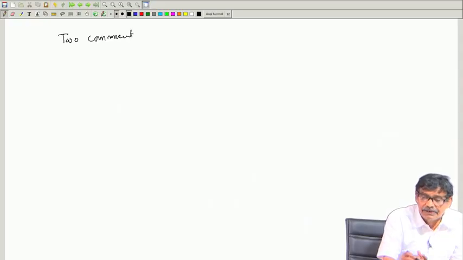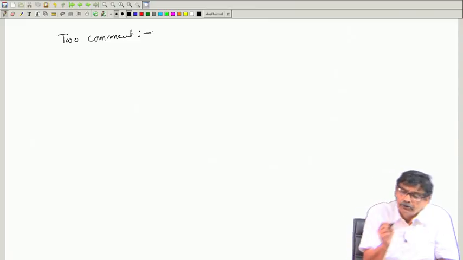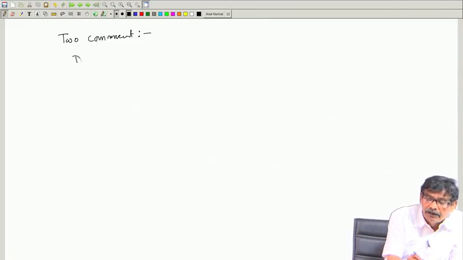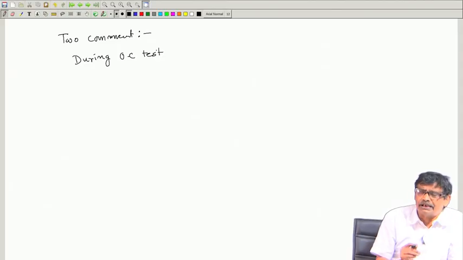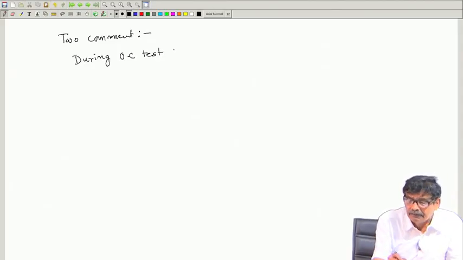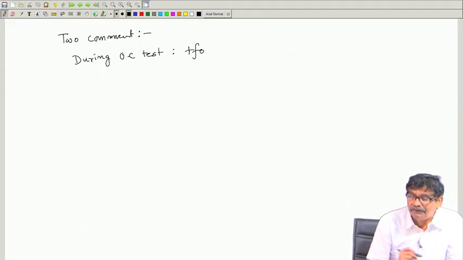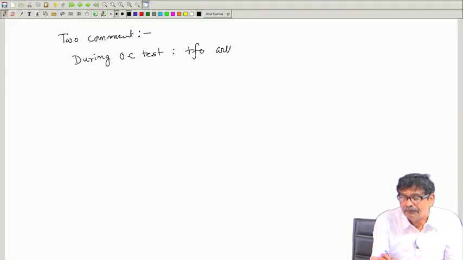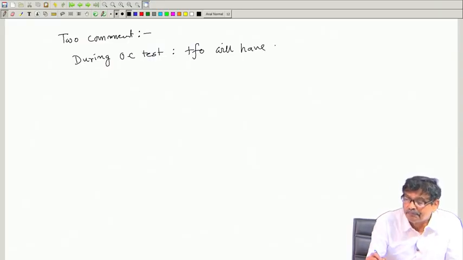Two or one. Anyway, let us see whether two comments can be made. What I am telling, note that during open circuit test, no matter from which side you do, theoretically the transformer will have core loss only.